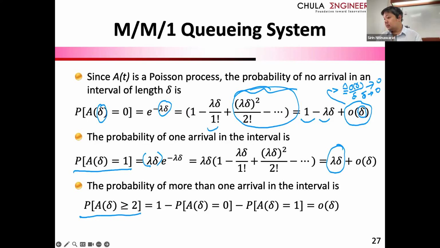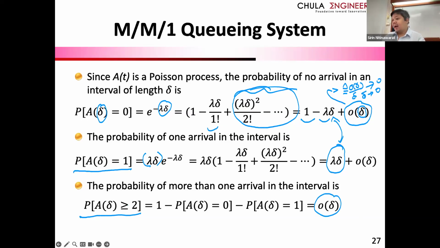But look at it, if you sum these two up, you already get one. So if you subtract that from one, the leftover term is sublinear in delta. It's going to zero with shrinking delta faster than any linear term in delta.